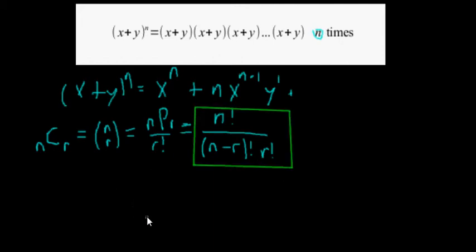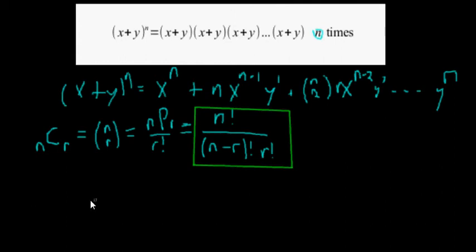Alright, and it turns out that you just keep on doing the combination right here. It'll come out to be n choose 2 of, well, oops, sorry, that's an x times n minus 2 y squared, all the way up to 1 times n choose n, y to the n, and then the x term would be 0 right there.